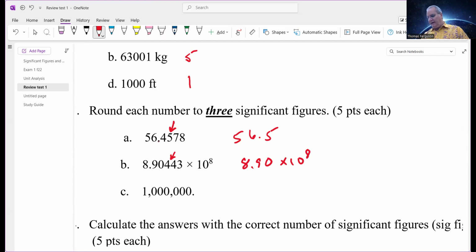Okay, in this one, we have 1 million and a decimal point. So this is going to be tricky. If we go to the fourth place, it's a 0. That means we drop everything, right? But we have to end up with 3 sig figs. As this sits, how many sig figs is that? 7. Why 7? Decimal point, right?